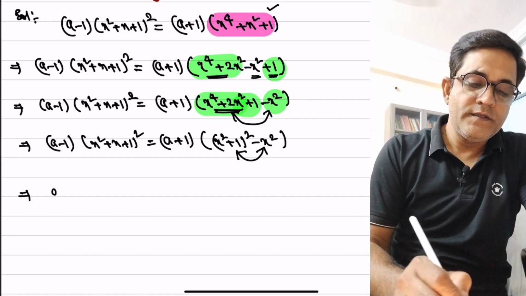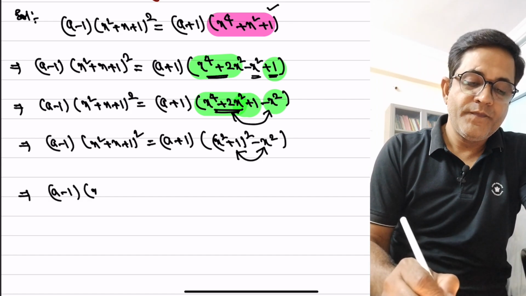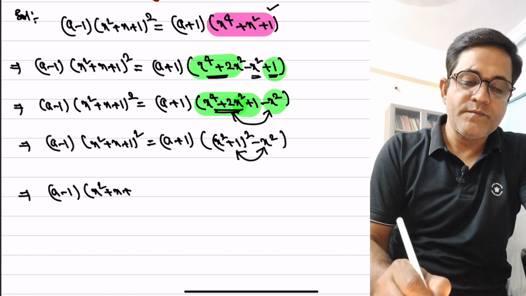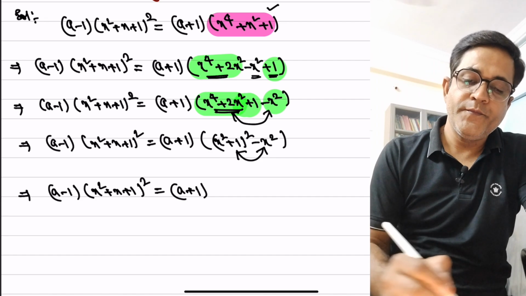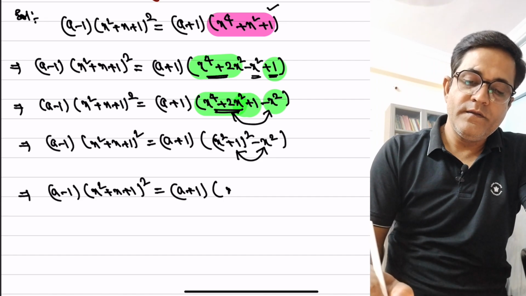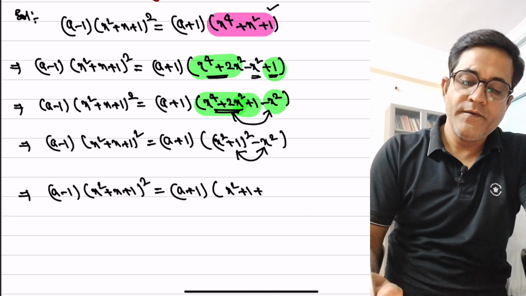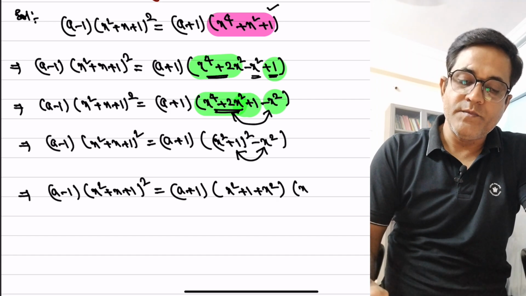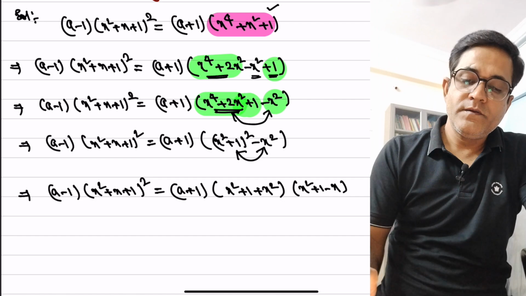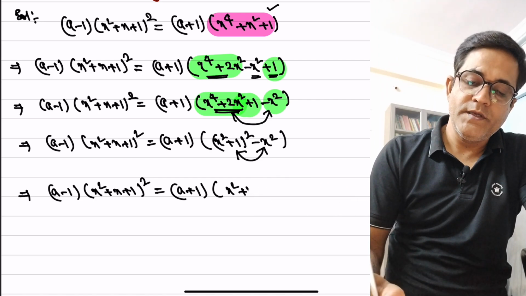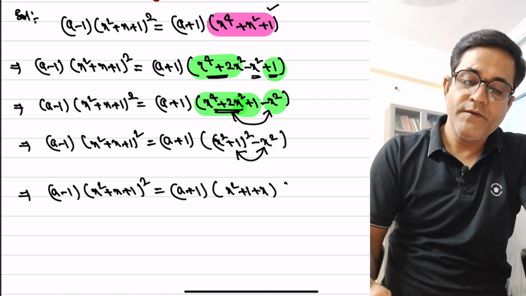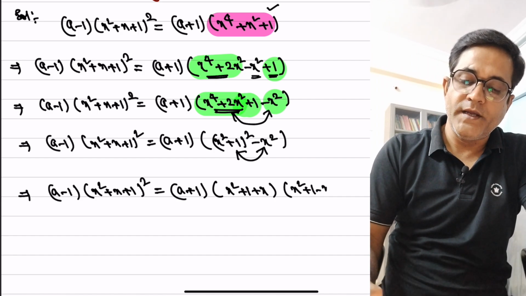That is (a − 1)(x² + x + 1)² = (a + 1)(x² + 1 + x)(x² + 1 − x).